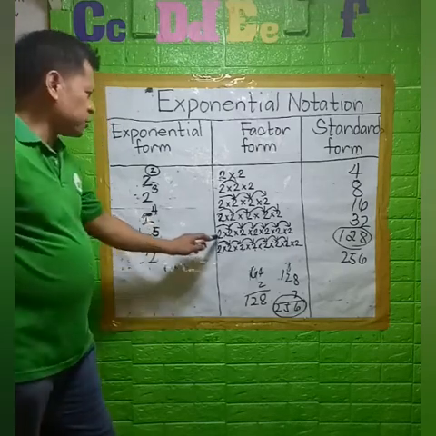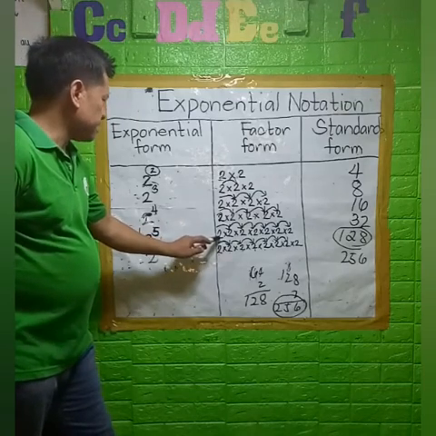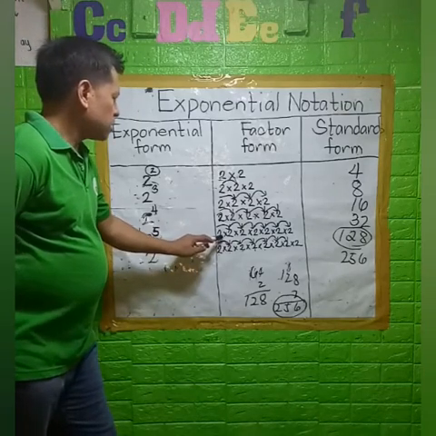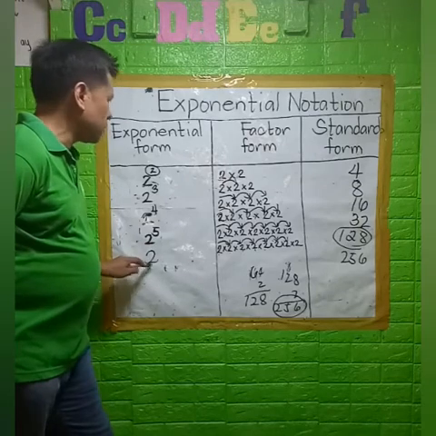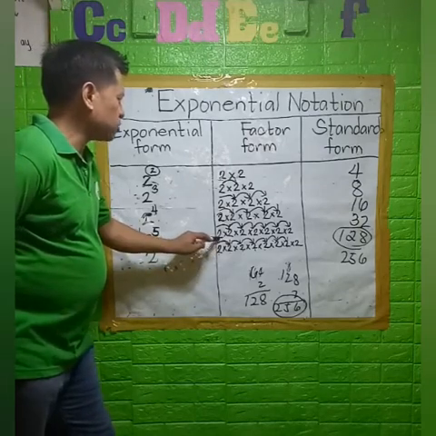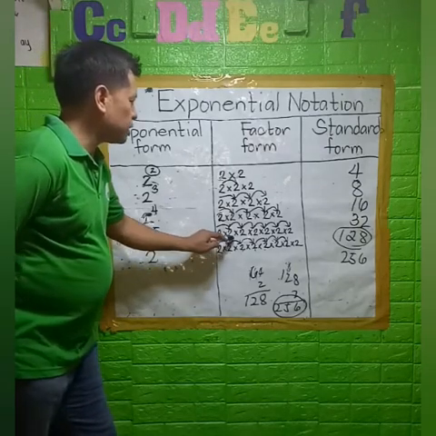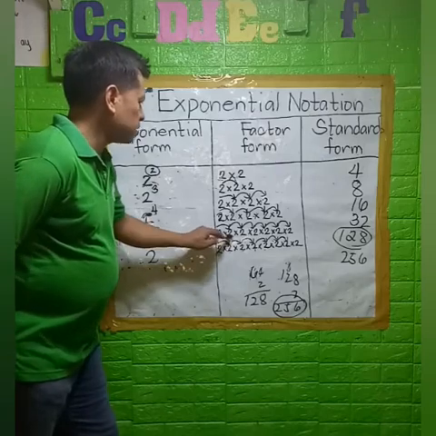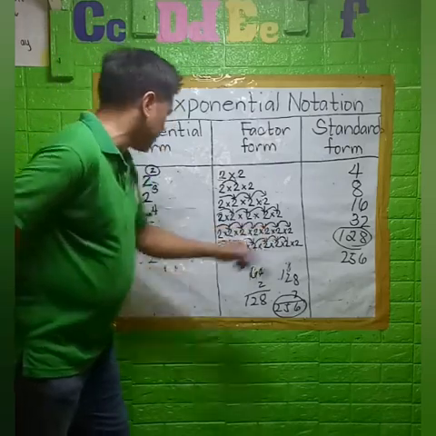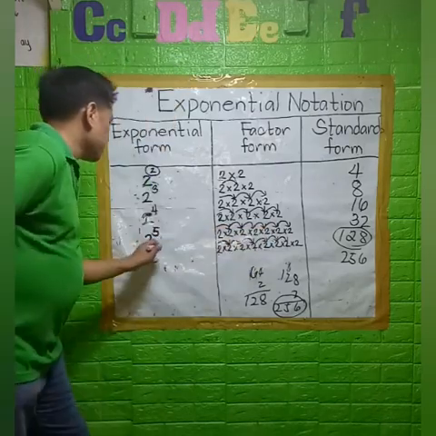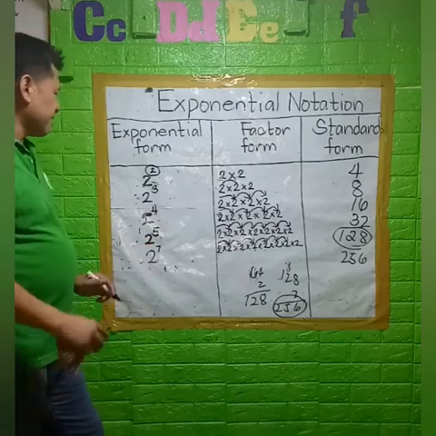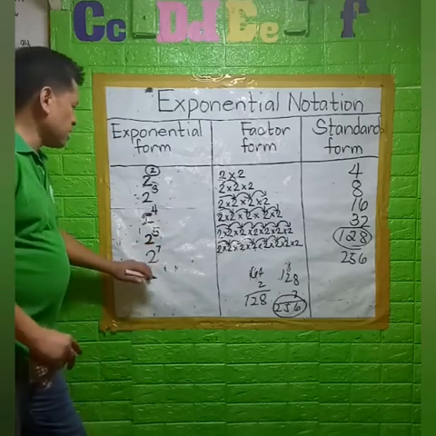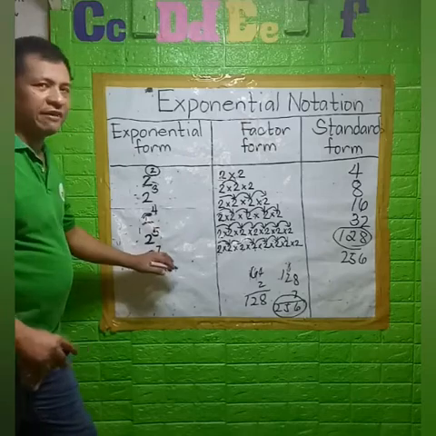So, let's proceed. In the next example, the base again is 2. Then let us just count the number of 2's that we multiplied. 1, 2, 3, 4, 5, 6, 7. So our exponent is 7. How do we say it? 2 to the power of 7.